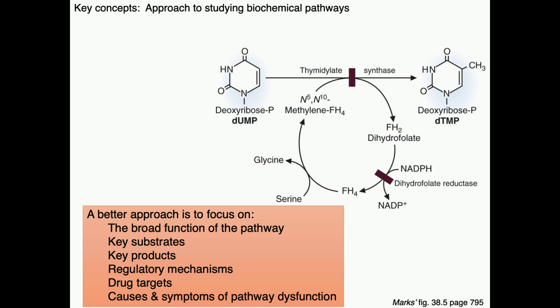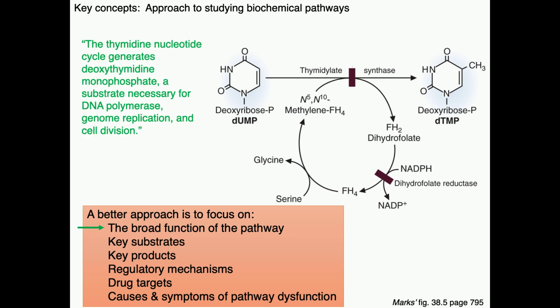Now, in the case of the thymidine nucleotide synthesis pathway, the big function is that this makes nucleotides, and rapidly dividing cells need nucleotides for DNA synthesis. Okay, so just have a one-sentence description that you have solidly at your disposal for each pathway.